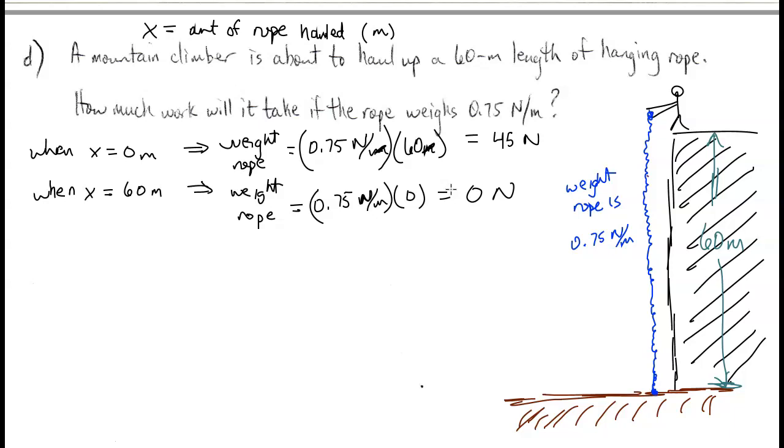Since it decreases for every meter that he or she pulls up, it's decreasing at a constant rate, which means the way we can model the weight is linear.